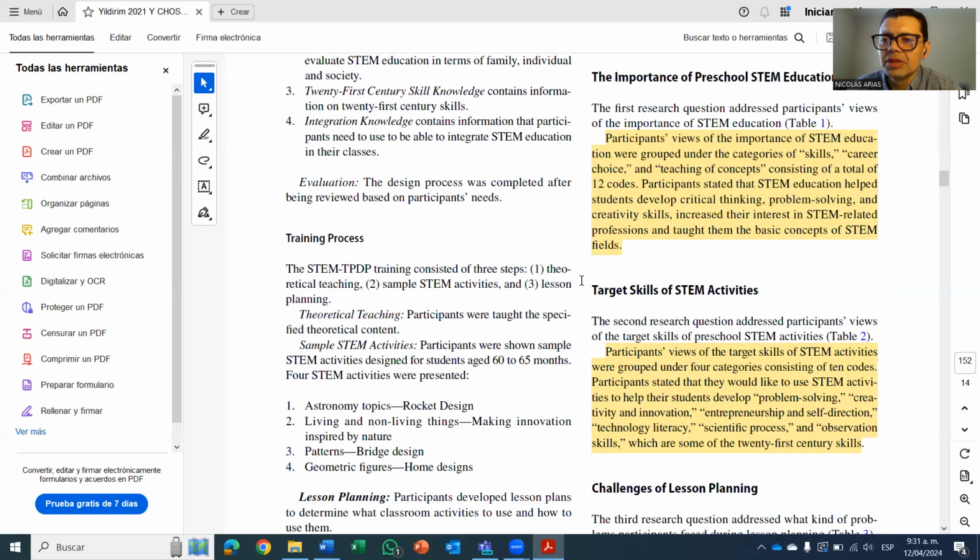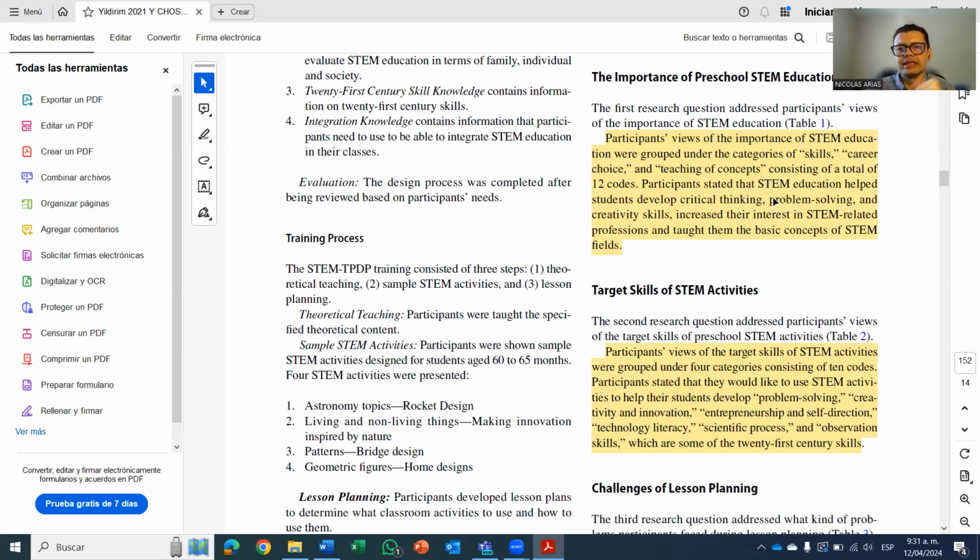Participants stated that STEM education helps students to develop critical thinking, problem solving, and creativity skills, increase their interest in STEM-related professions, and teaches the basic concepts of the STEM field. They present that summary in the article, and they give a reference to a table where they present in detail the codes that they were using. That is important because it is a straightforward, clear presentation of the results.